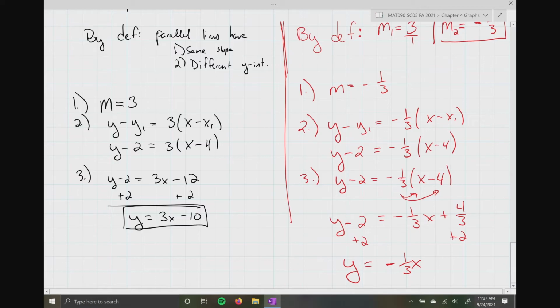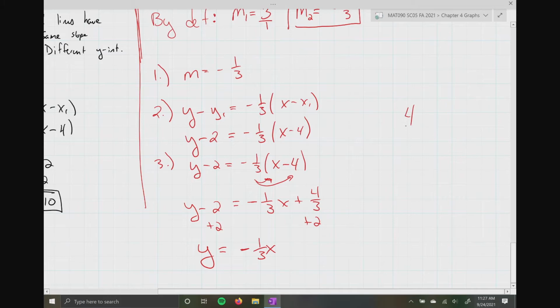Let me add some fractions. So I'm going to go off to the right. 4 over 3 plus 2 over 1. I need a common denominator of 3. So I multiply the second fraction by 3 over 3. That is going to give me 4 over 3 plus 6 over 3 for a total of 10 over 3.